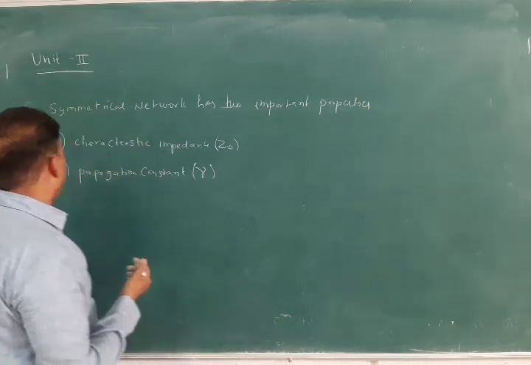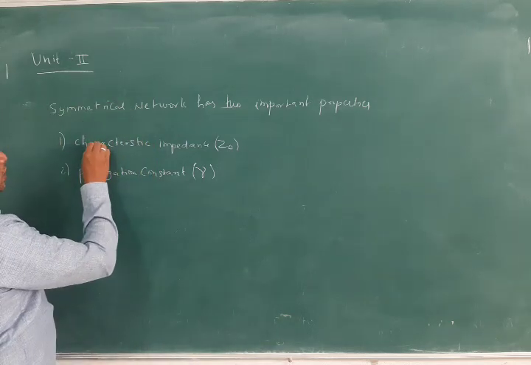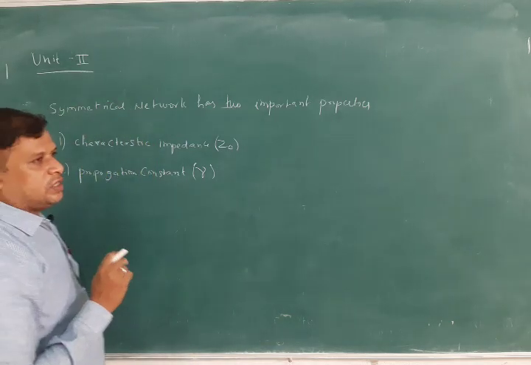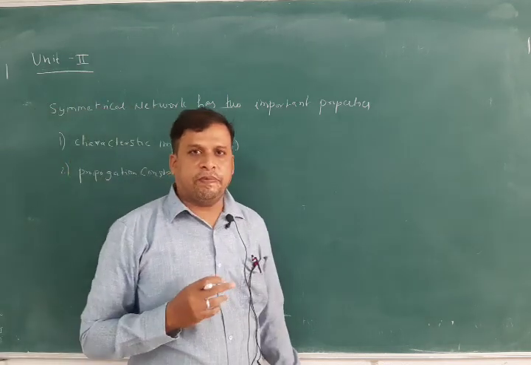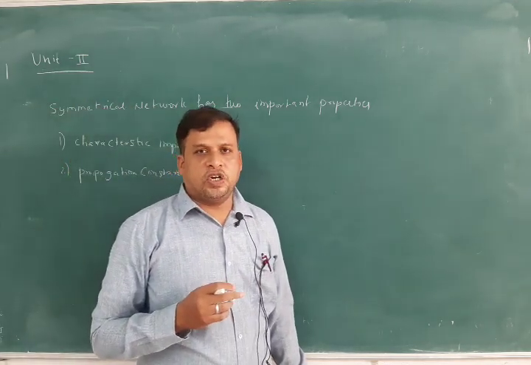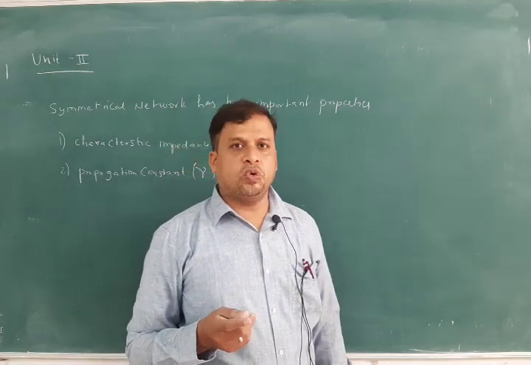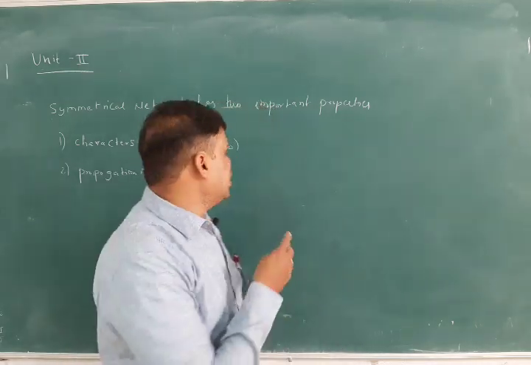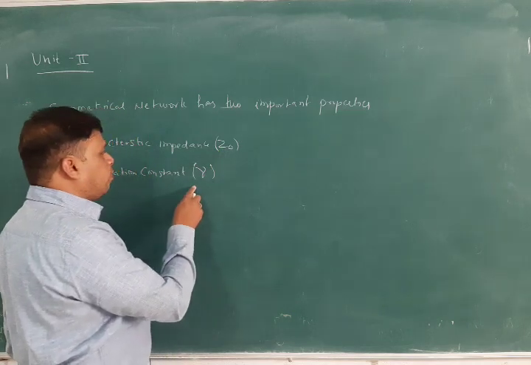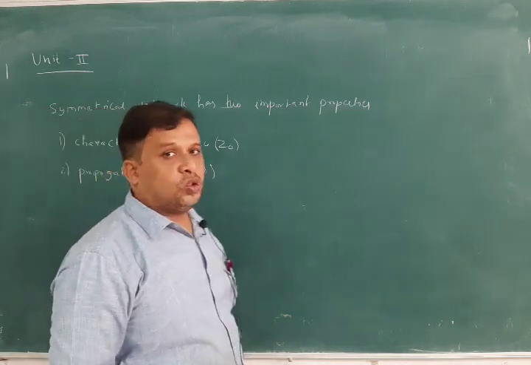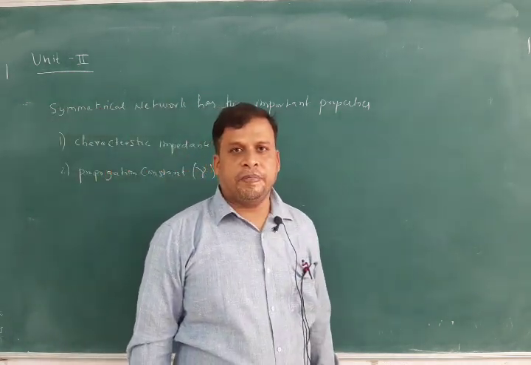For this we have to consider two networks. If two networks have the same characteristic impedance and the same propagation constant, then those two networks are said to be identical.